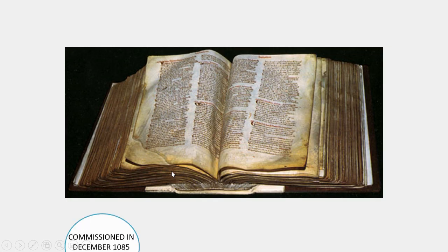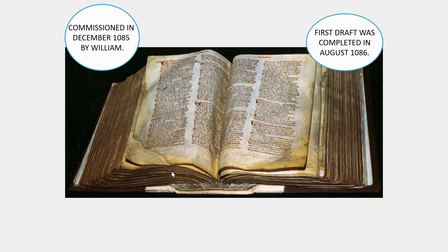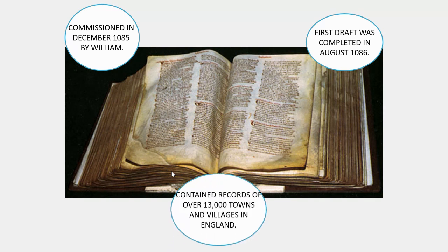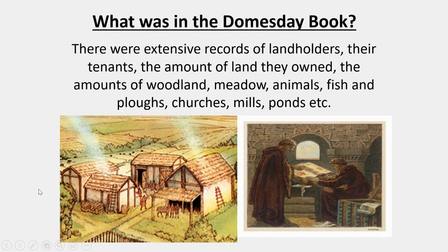Now, this is a picture of the original Domesday Book. It was commissioned in December, nearly 19 years after he wins the Battle of Hastings and becomes king. He decides he's going to pay for this book to be made, and the first draft is completed about 8 months later, in August. It says here it contains records of over 13 towns and villages in England at the time. So you can see here what was in it.